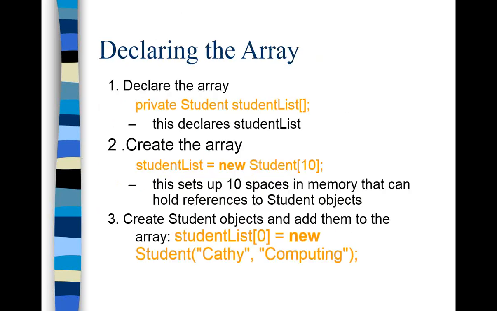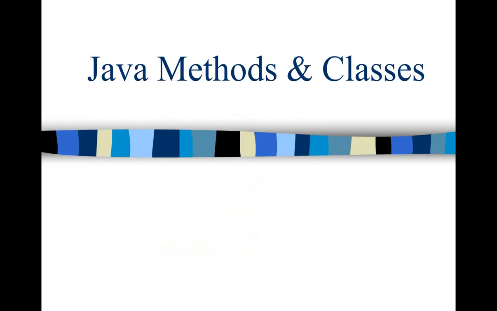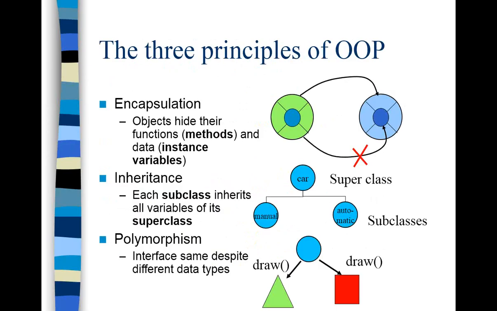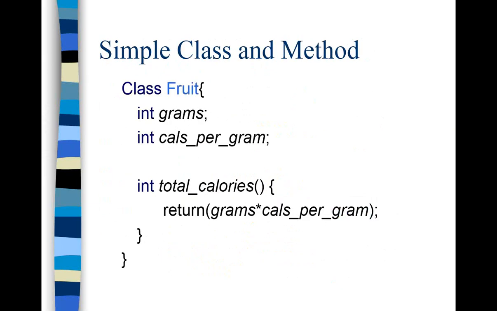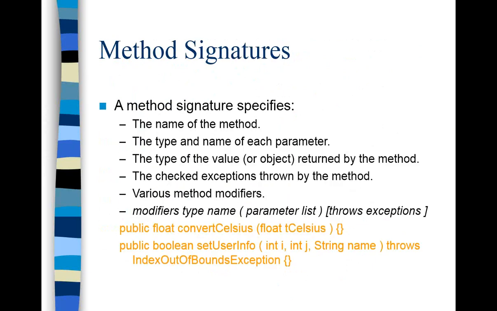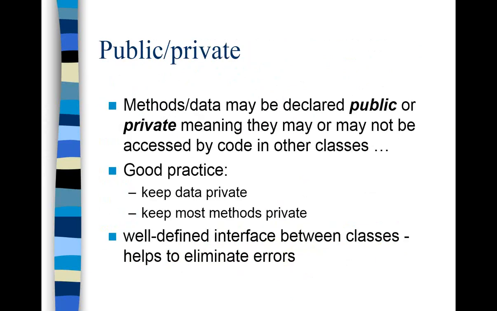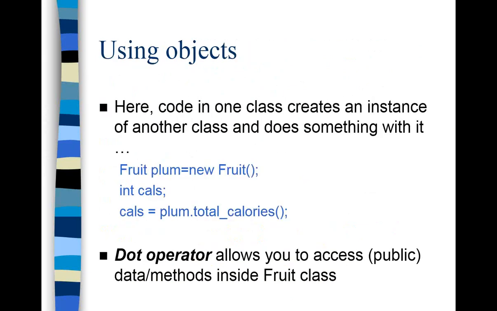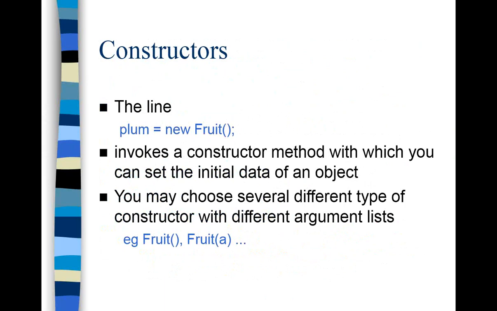Array of objects, that's fine. Declaring arrays. Java methods and classes we already discussed, right? What are methods, classes? These are again talking about the OOPS concept, so let's skip this. Method we already saw: what is a method, what is a method signature. Public, private we saw. Using objects we'll see. Constructor we'll discuss.